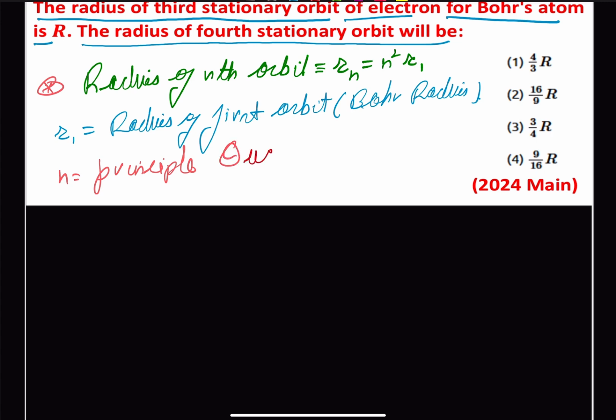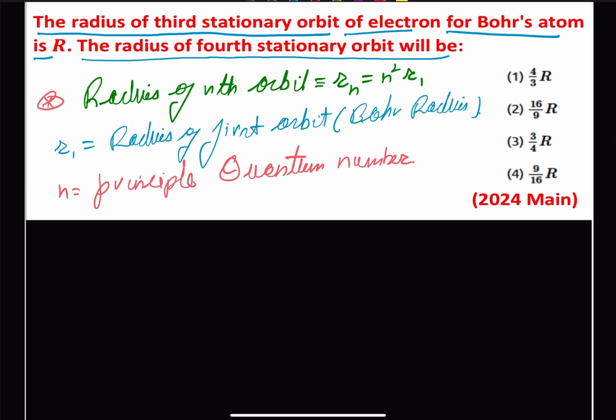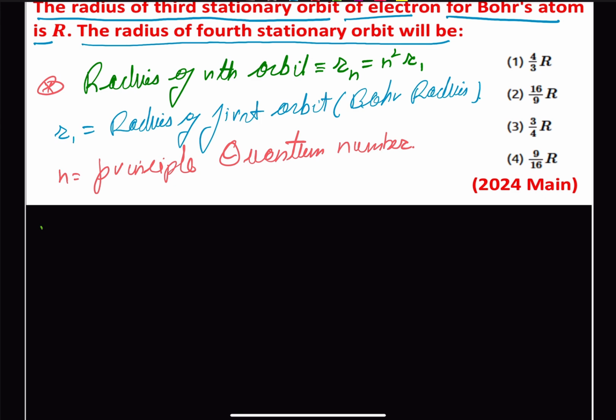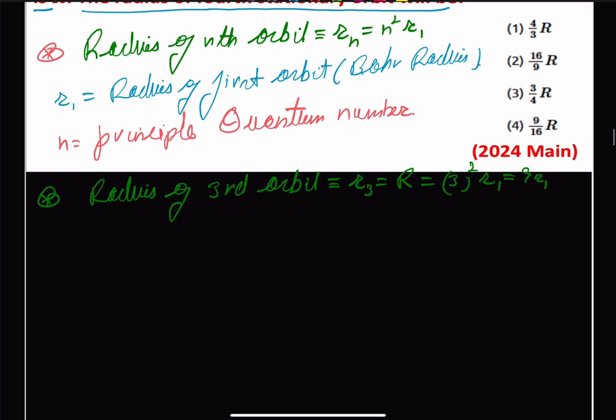We are given that the radius of the third orbit, R of 3, is given as capital R, and in terms of the nth formula we can write capital R is equal to 3 whole square multiplied by R1, which comes as 9 times R1.